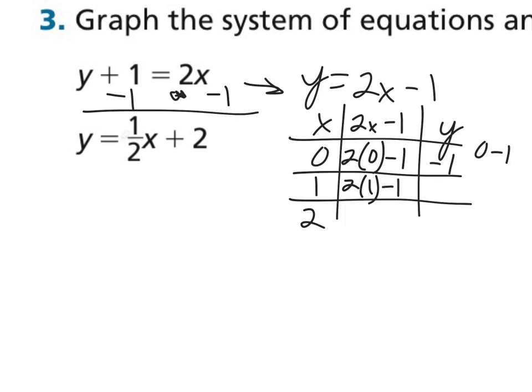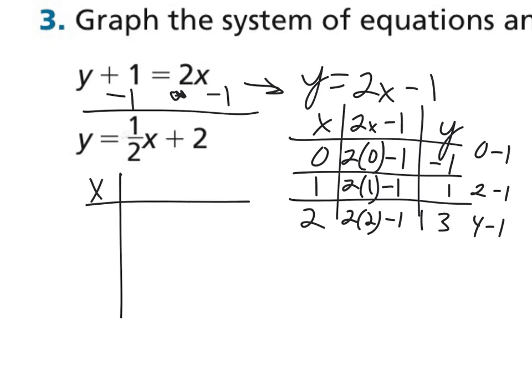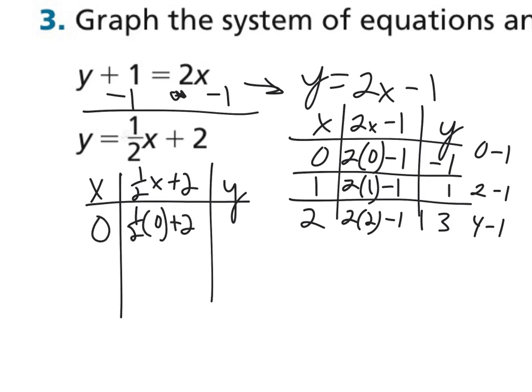So 0, -1, 1, 1, and 2, 3 would be points on that line. The second equation does have a fraction in it. So 0, 2, which is our y-intercept.